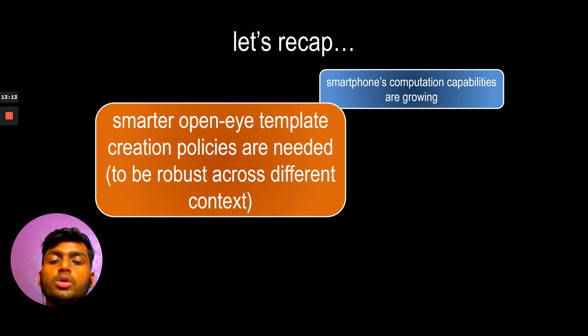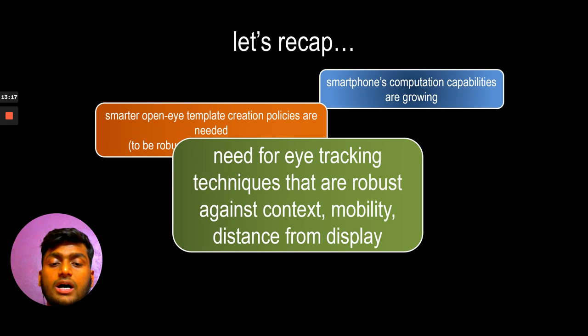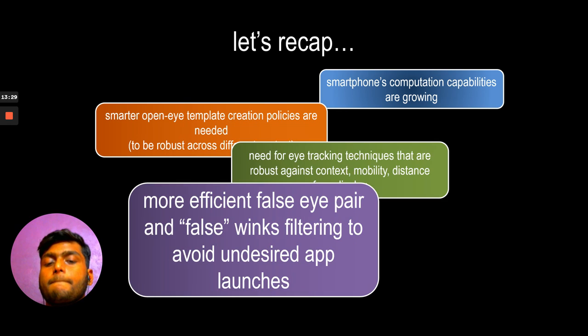So there should be more creation of templates. Again, eye tracking techniques that are robust against context, mobility, and distance from displays are the need of the hour in this context of the technology.